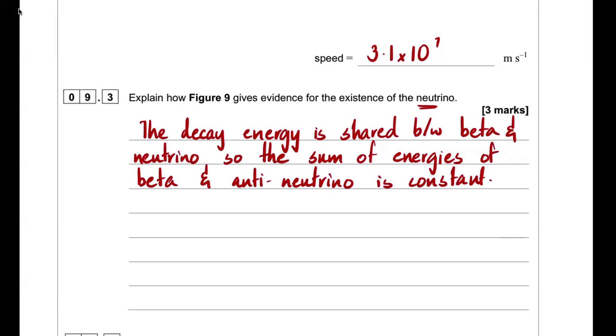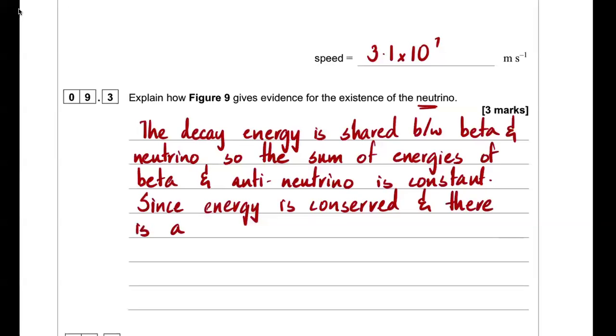Since energy is conserved, and there is a range of kinetic energies for beta, another particle, which is the neutrino in this case.